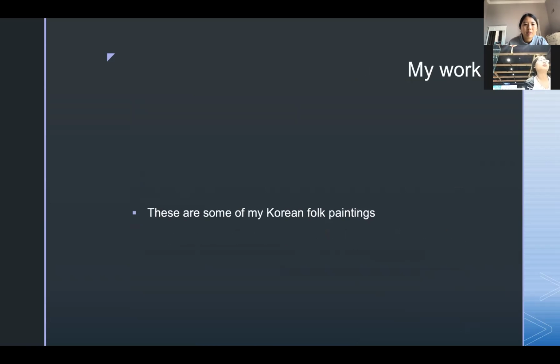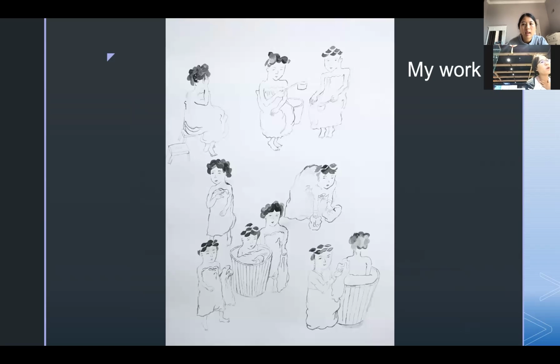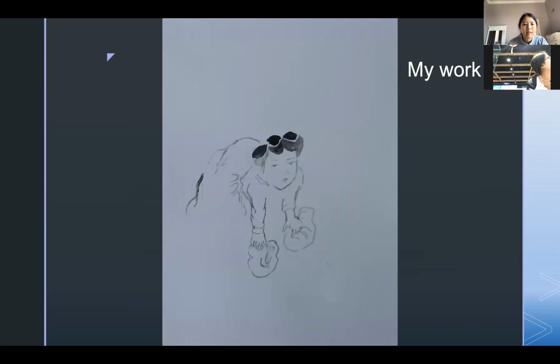And now I want to introduce my work, and these are some of my Korean folk paintings. And here is my first work. It's about a Korean woman in a bathhouse. And here is another work, another woman in a bathhouse.